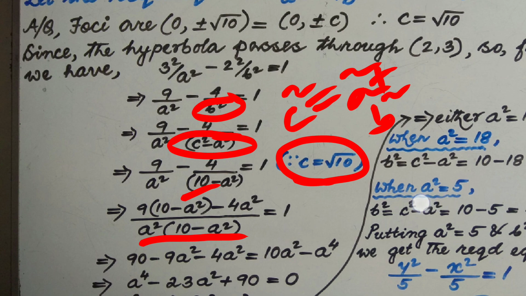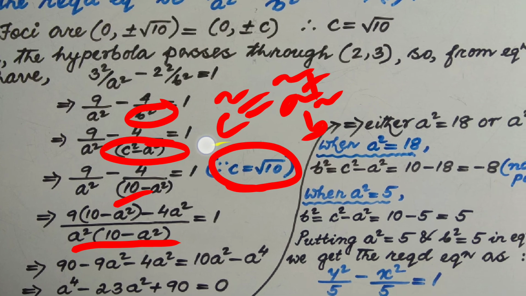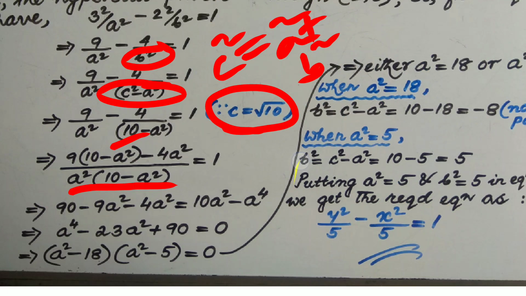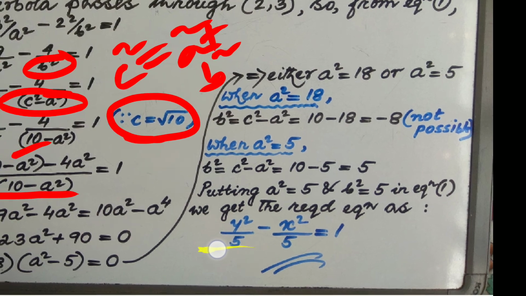Next step, we go for the middle term factorization. After doing middle term factorization, we have two factors, a square minus 18 and one more, a square minus 5, which gives us two values of a square.